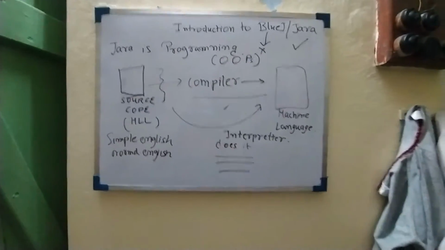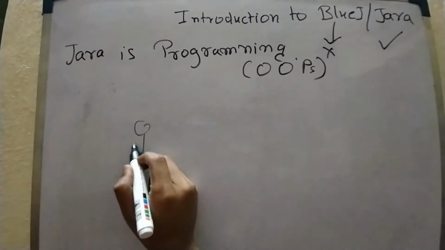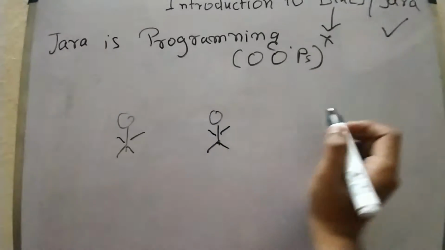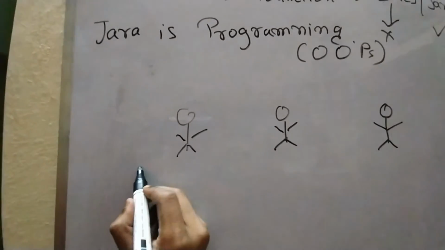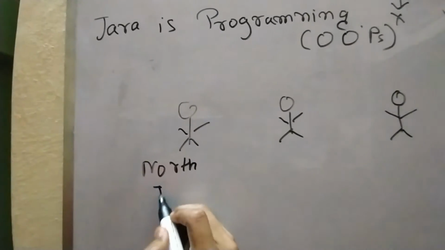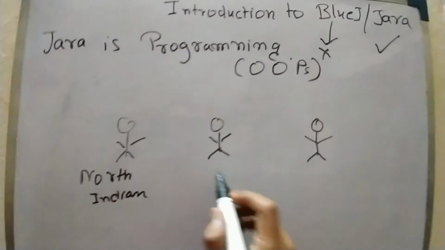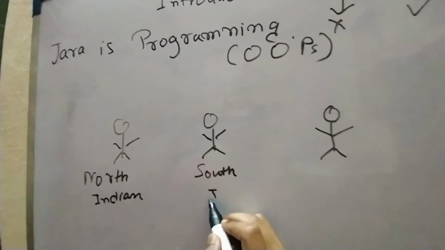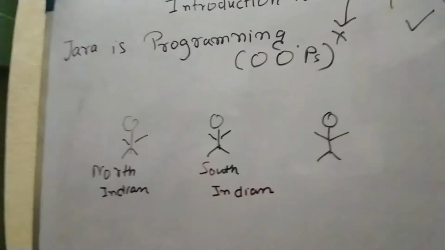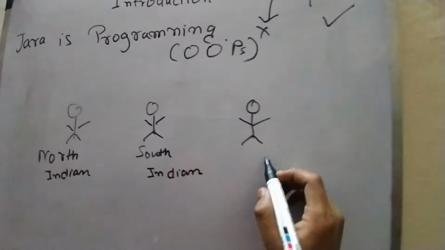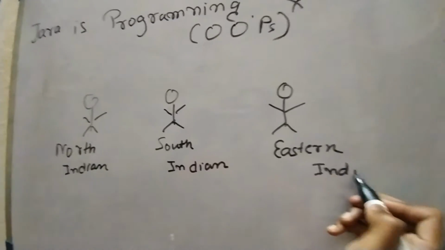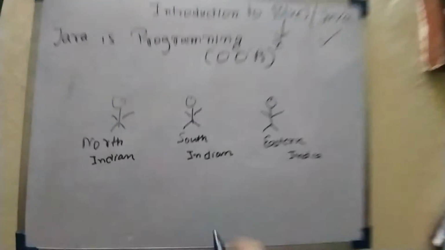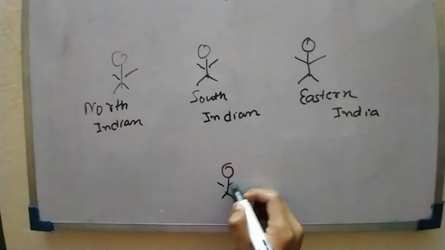Now, the problem with this thing is that, suppose for example you have three people. He's a North Indian, he's a South Indian, and he is basically from Eastern India. Now, you are an American.